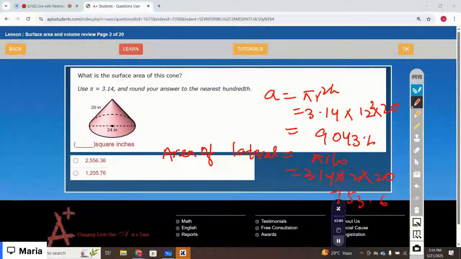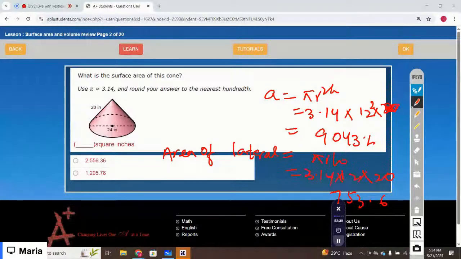So let's just add the area of the base and the lateral area. The base is just pi r square, not pi r h, right?